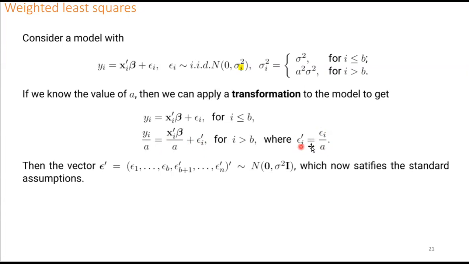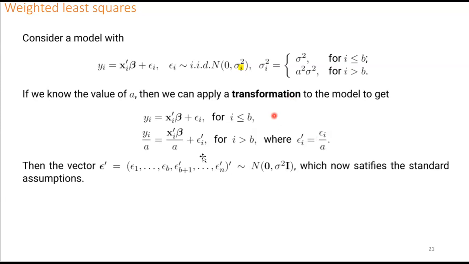Now, what's the variance of the new error term? Well, the variance of the new error term will be sigma squared. I'll leave that to you to calculate. There are no matrices there. You should be able to show the variance of this is sigma squared. So by pre-multiplying the second part of the data, for observations bigger than B, by 1 over A, the variances now match.